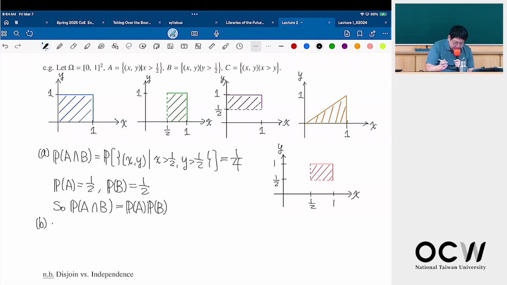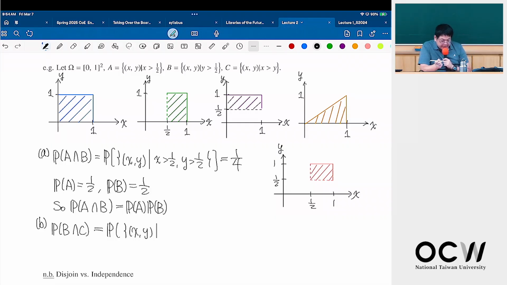Let's see probability of B intersect C. That means the probability of xy such that B and C, y is greater than 1/2 and x is greater than y. So y is between 1/2 and x.